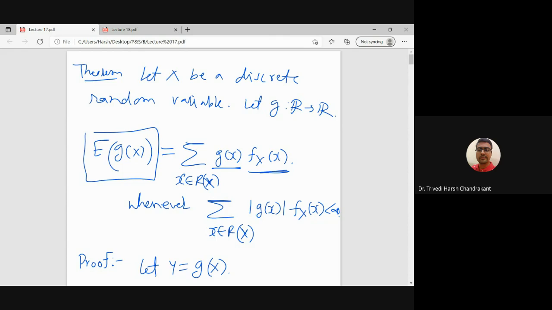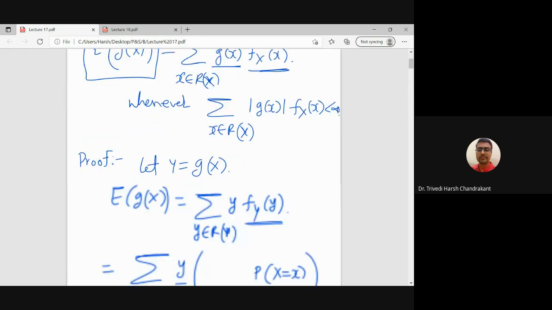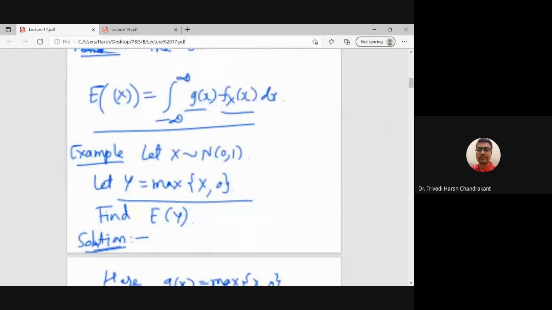And expectation cannot be infinite, it should be some finite number, right? So we discussed the mean of the random variable g of x.